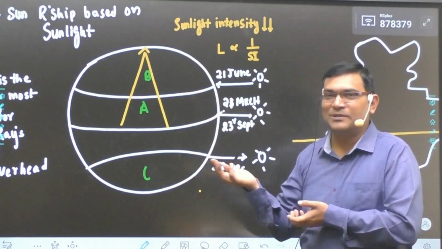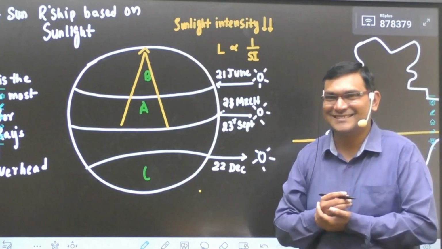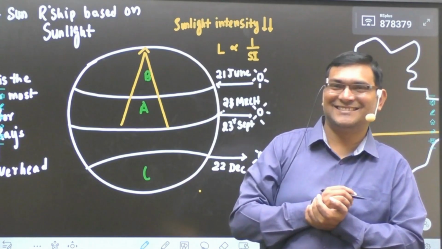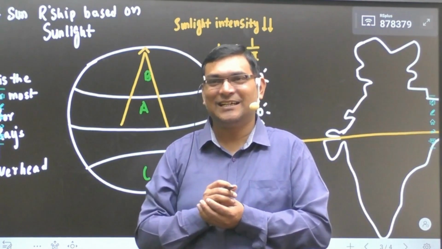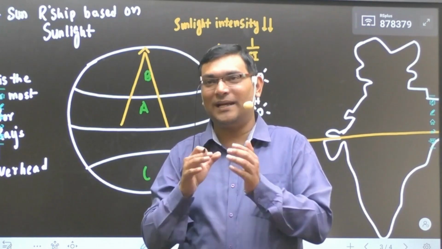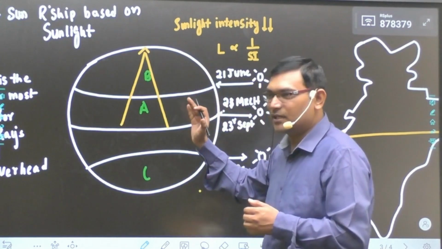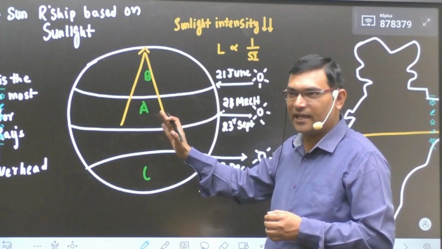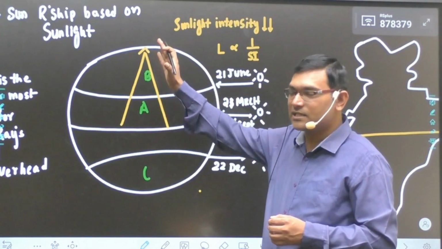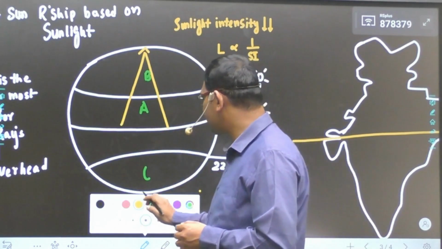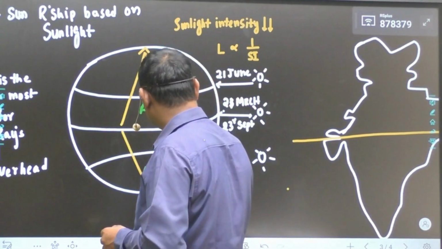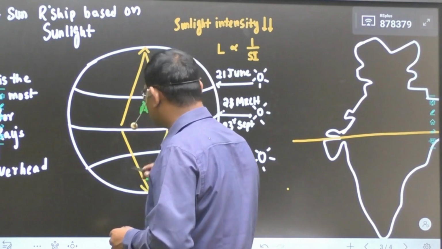C and B are the same, no? On 21st June. No, combinedly, generally you tell me. If the sunlight is falling here, intensity will be very high at A, intensity is very less here, and intensity will decrease here also, like this. Here also intensity is decreasing.